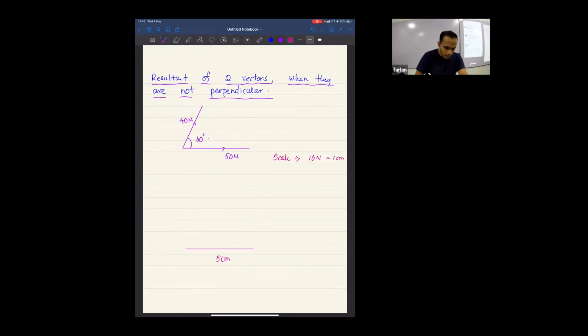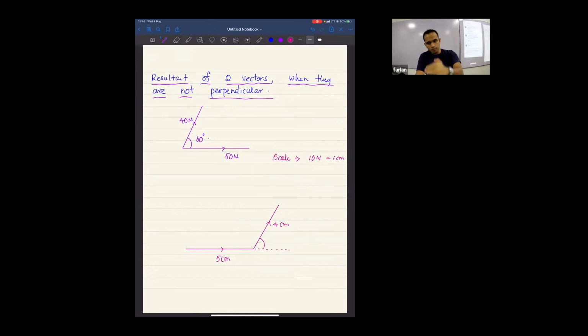Then from where you end that 5 centimeter line, at an angle of 60 degrees with this line, you measure 60 degrees accurately with the protractor and draw another line of 4 centimeters. I repeat, you draw the first vector, and from where you stop the first vector, you start the second vector.